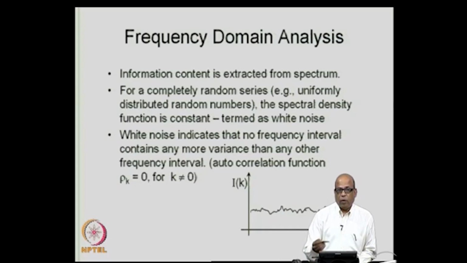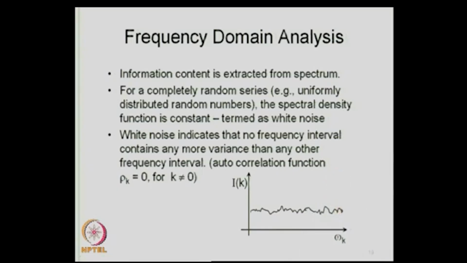And you recall that if you have a purely random sequence, rho k is equal to 0 for k not equal to 0, and this is the theoretical rho k. If you have sample estimates R k, the R k will all be insignificant for k not equal to 0.